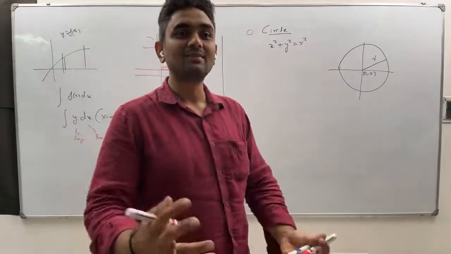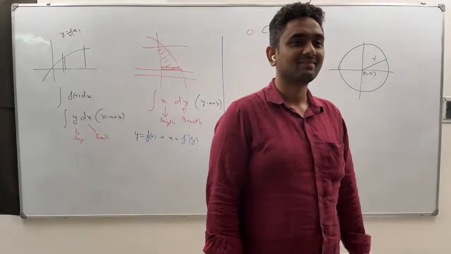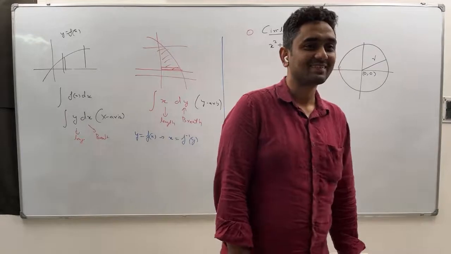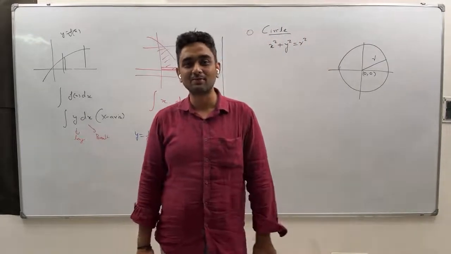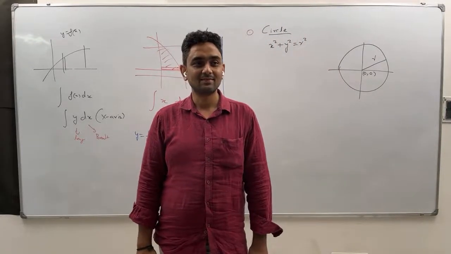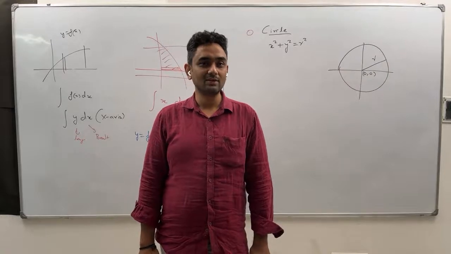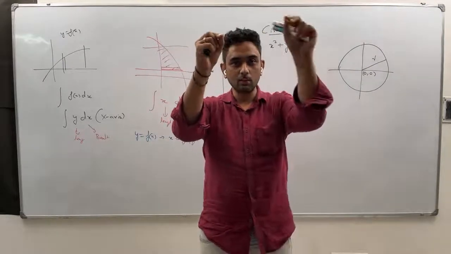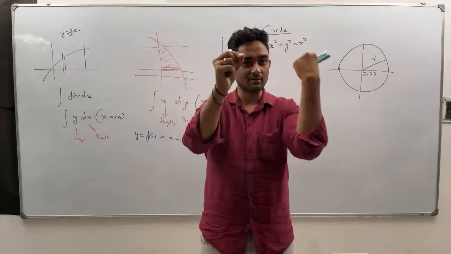Okay, now what is a circle? Anyone who wants to tell what is circle? Equal distance, right? Let's say this is a center. So all the points at equal distance from center.